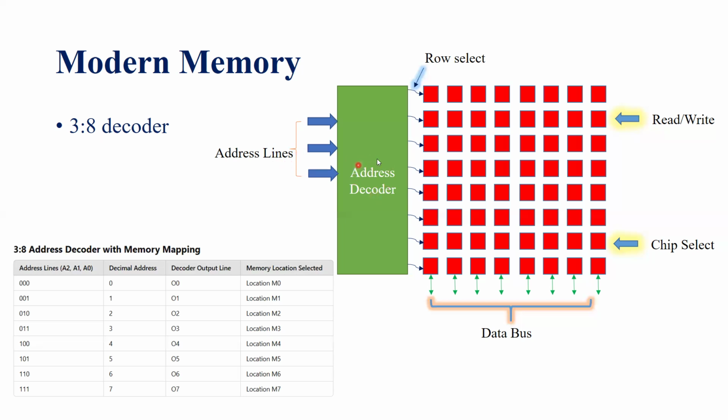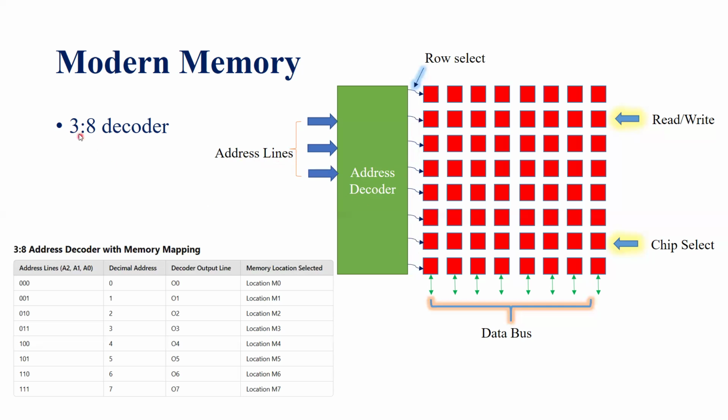Inside the memory, you also have one digital logic block called an address decoder. When you have n number of address lines, 2 to the power n are the number of outputs of that decoder.